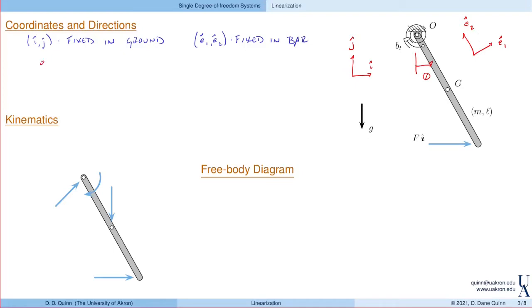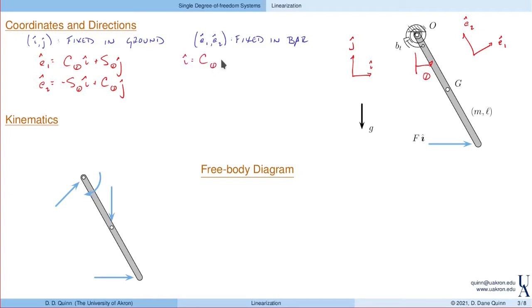For example, E1 can be written as cosine of theta in the I direction plus sine of theta in the j direction. E2 can be written as minus sine theta in the I direction and cosine of theta in the j direction. I can also write I and j in terms of E1 and E2.